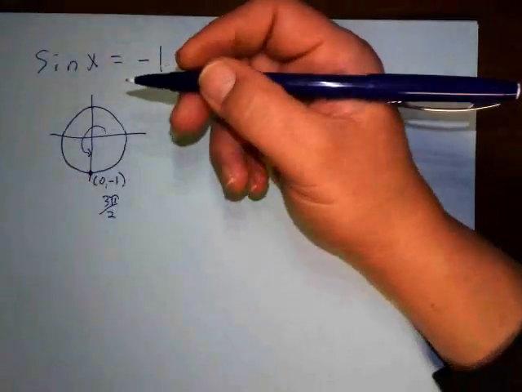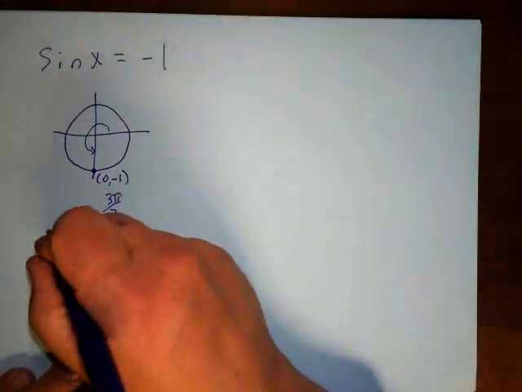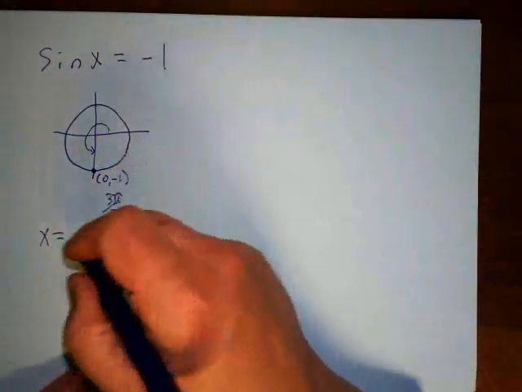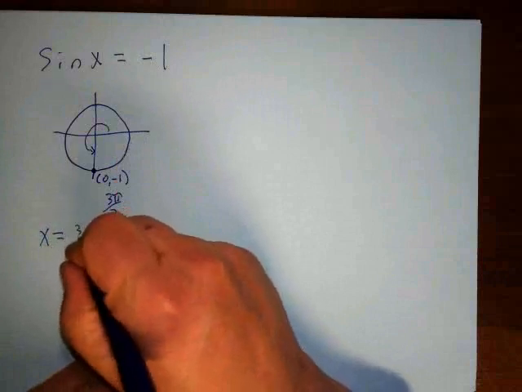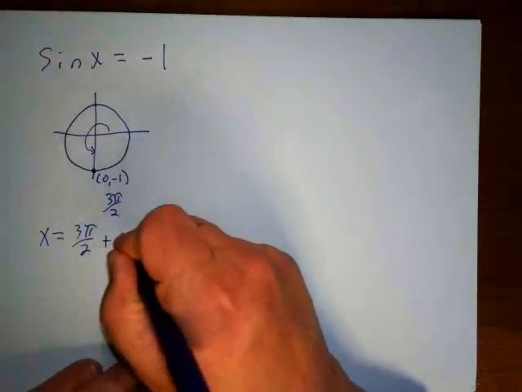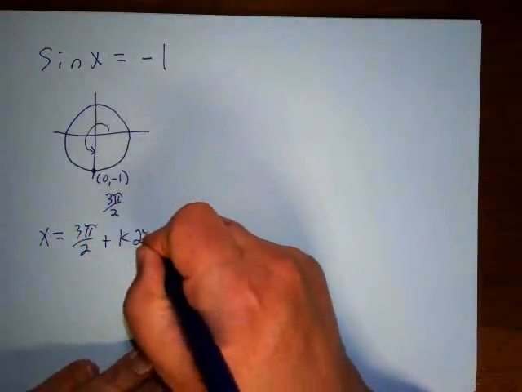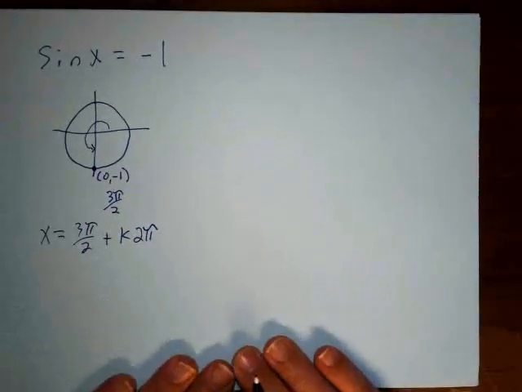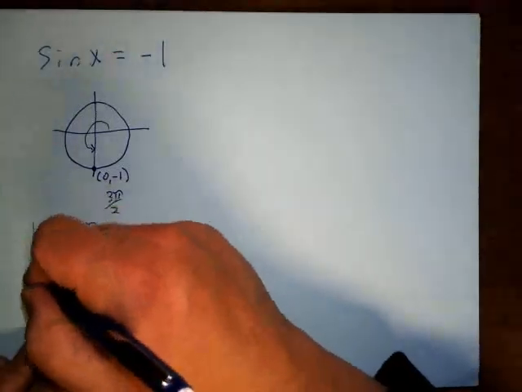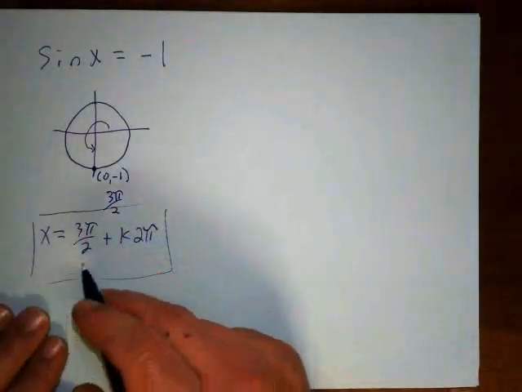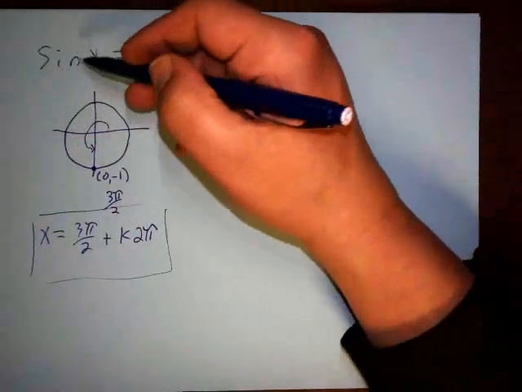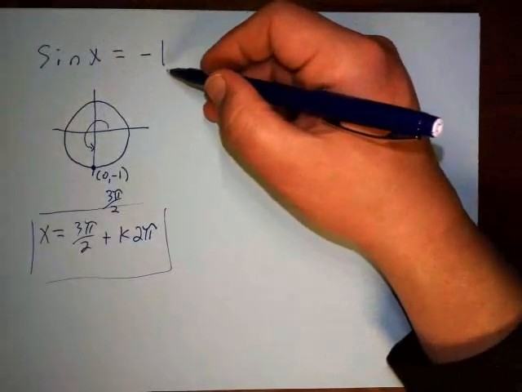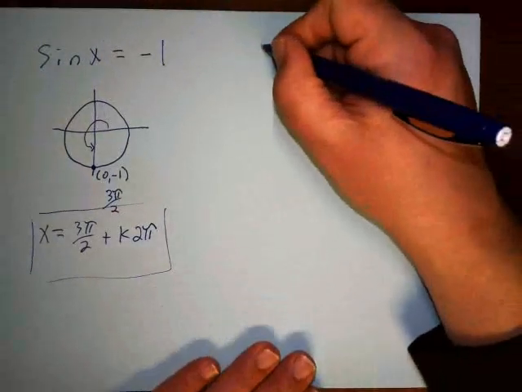There's only that one place where you get the value. So this would be 3 pi over 2 plus k times 2 pi, and there would only be that one solution. But this is only when your basic equation is equal to negative 1 or 1, and that's true for sine or cosine.